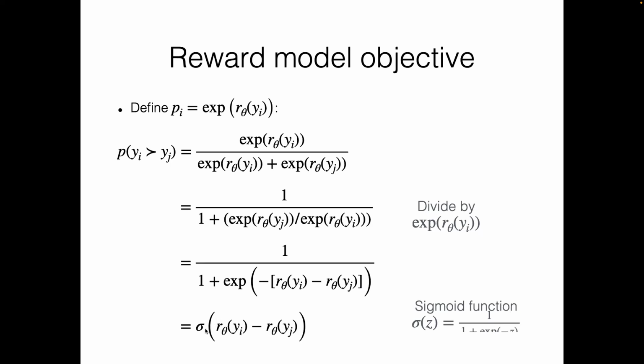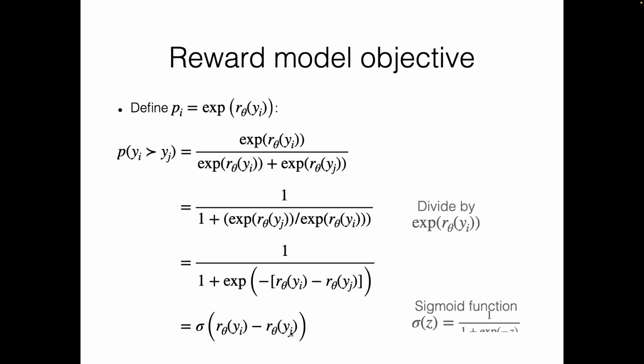And then you have this thing down here. If you remember the previous slide, now this is starting to look like the loss function that we saw. So it's basically saying that under this model, the probability of this kind of preference rating turns out to be of this form: sigmoid of r of yi minus r of yj.